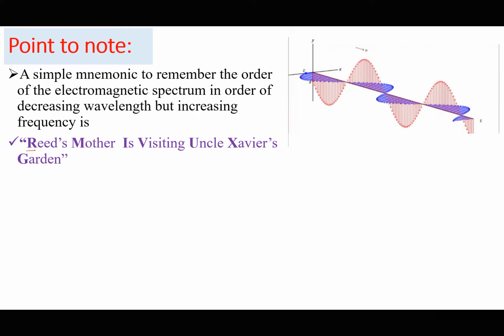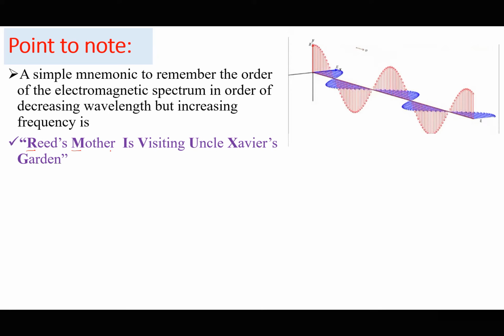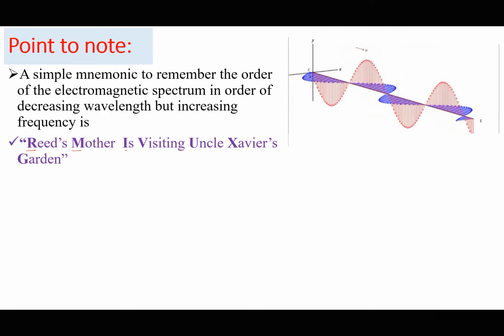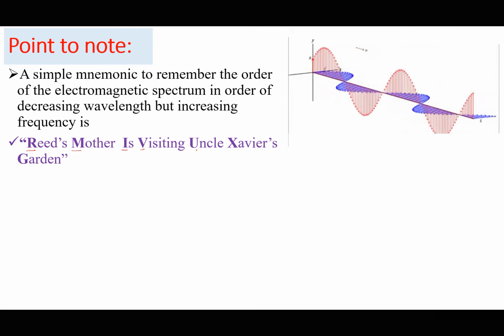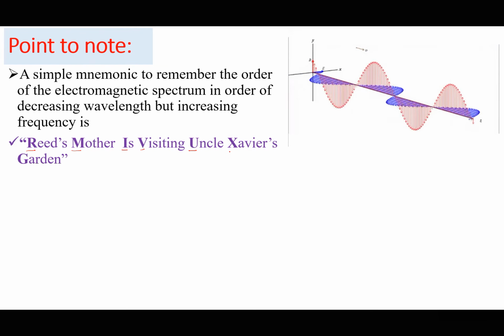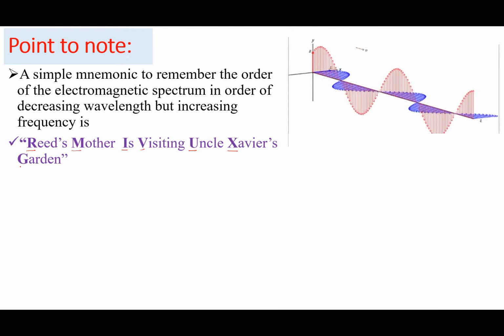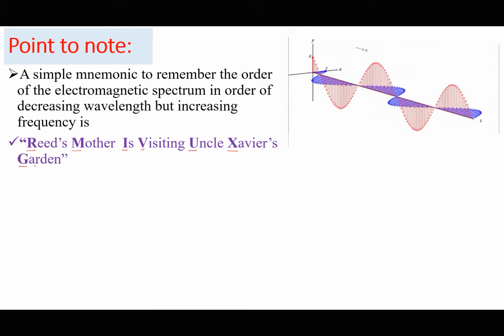Reed's, R for radio waves, mother, M for microwaves, I for infrared, V for visible light, U for ultraviolet, X for X-rays, and G for gamma rays.